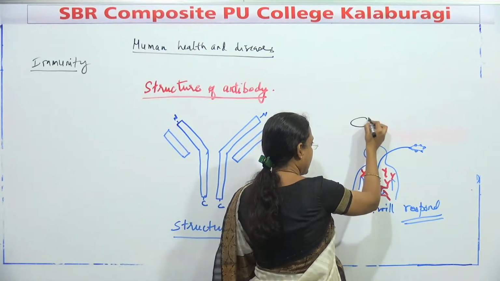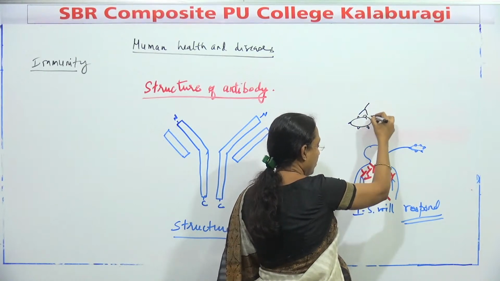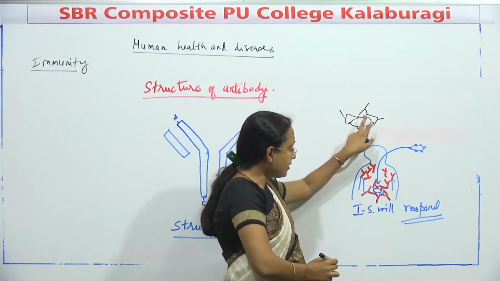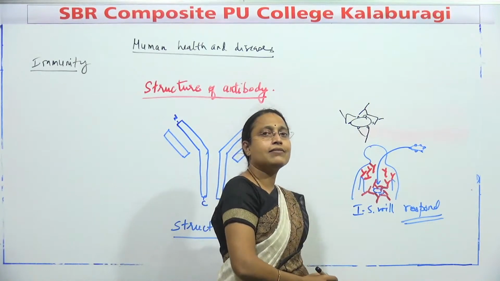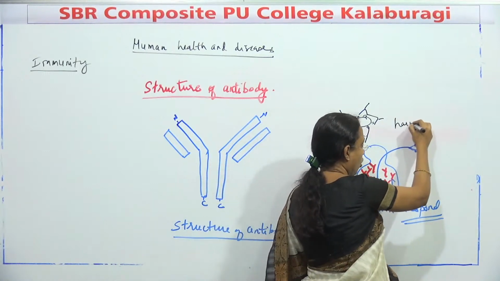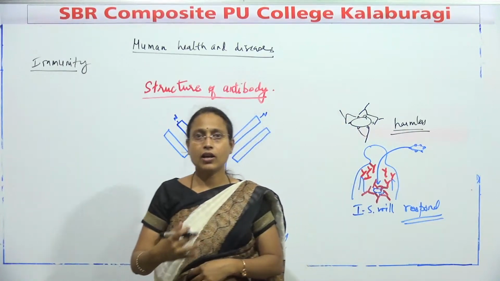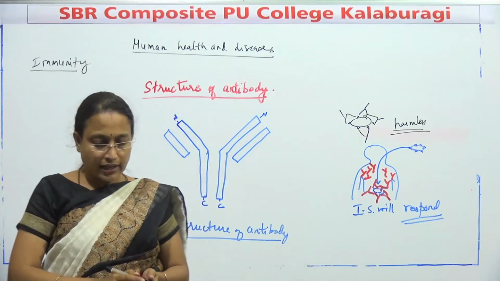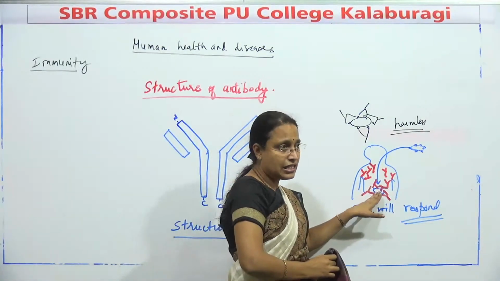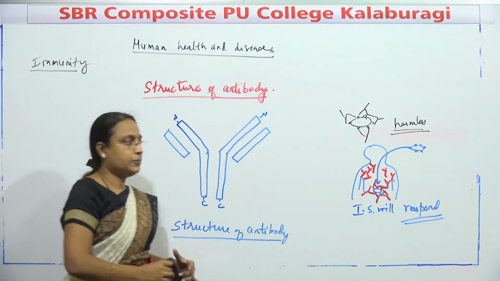If this is a bacteria, the surface of it is going to have antigen, and antibody will go and bind to these antigens. When they bind, this antigen-antibody reaction is called the neutralization reaction. Because of this, the pathogen cannot multiply, it becomes harmless, and it cannot infect. So that is the importance of this molecule called antibody. Now the structure of this antibody itself I am going to explain today.